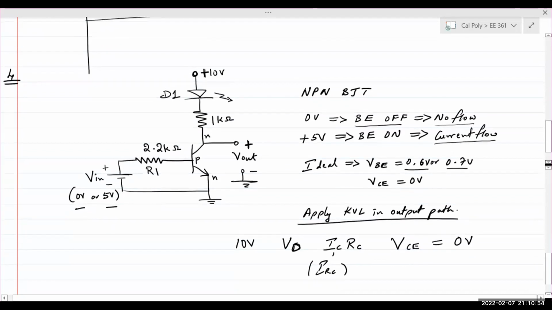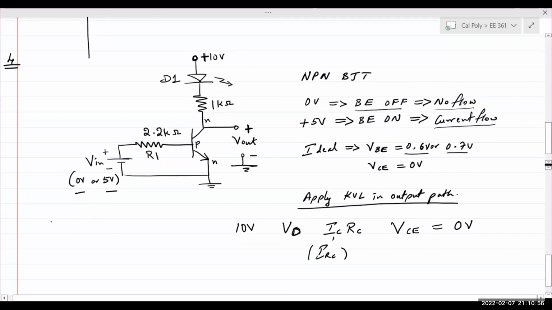Similarly, you apply KVL in the input path to calculate IR1. You can write V in, you have IR1 times R1, and you have VBE, all summing up to 0 volts.